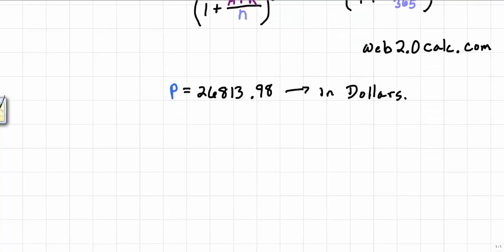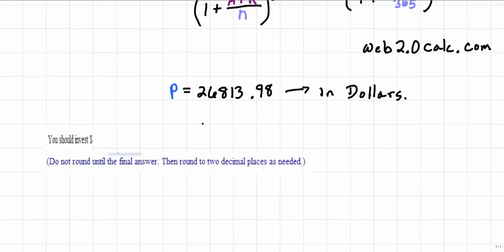So on the problem, in my math lab, this amount right here, 26,813.98, would simply be typed in to the answer field. You don't necessarily need to put commas, and then you would go ahead and click check answer, and that's all there is to it.